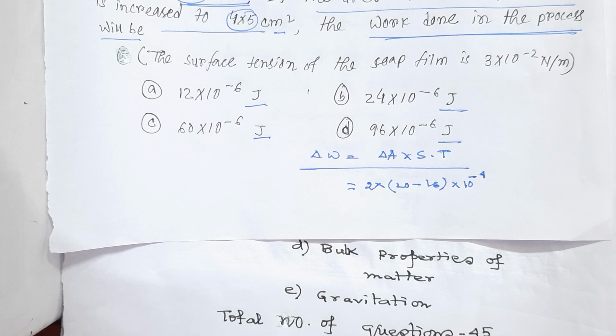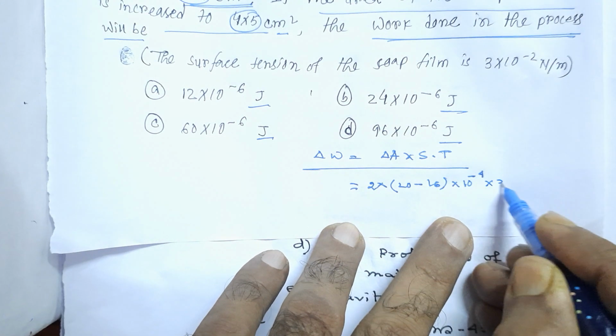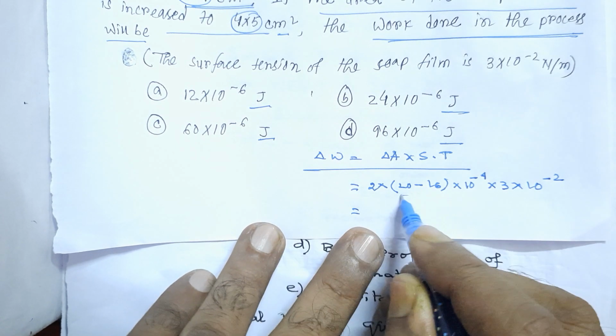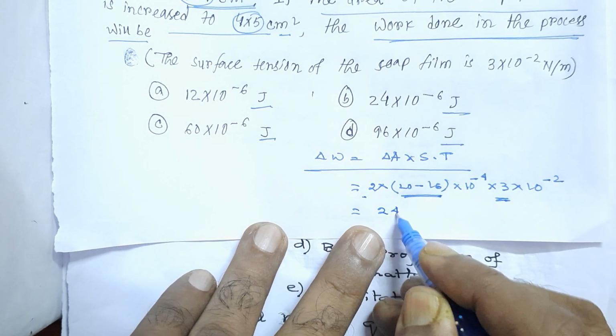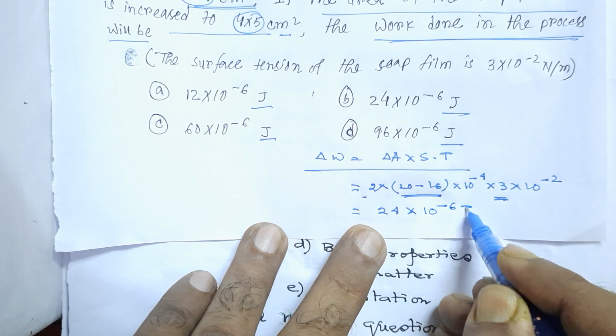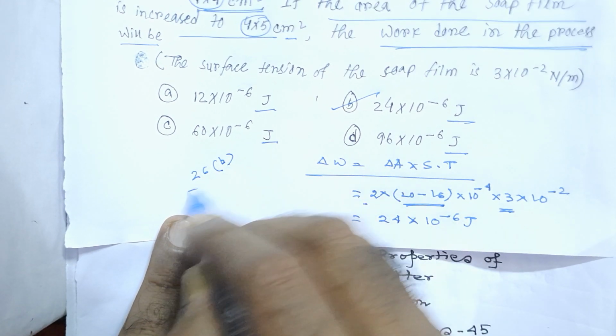Now we multiply this factor by surface tension. Now it is 4 into 2 is 8, 8 into 3 is 24, 24 into 10 to the power minus 6 joule. So B is the correct option. So the correct answer to question number 26 is B.